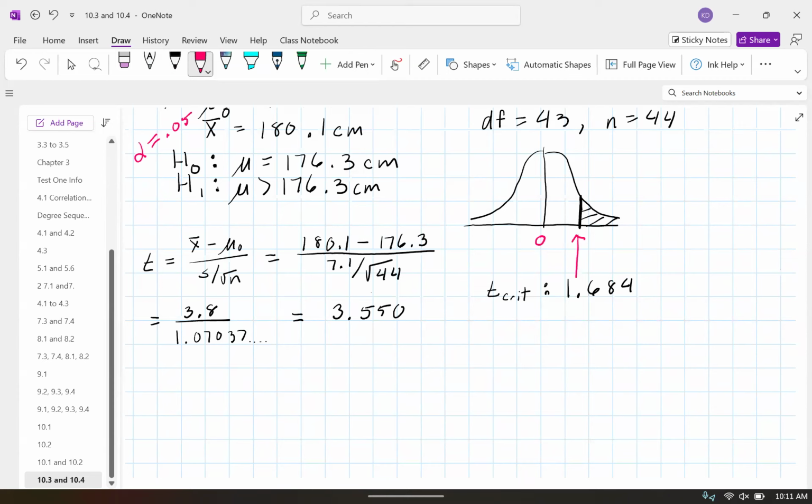It's to the right because it's bigger. On our general number line, the right side's bigger, left side's smaller. So we're going to be here-ish. That is our calculated t.